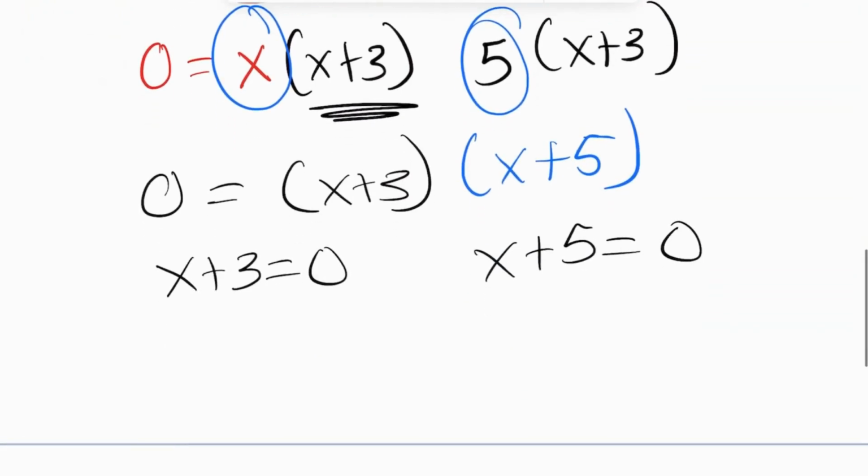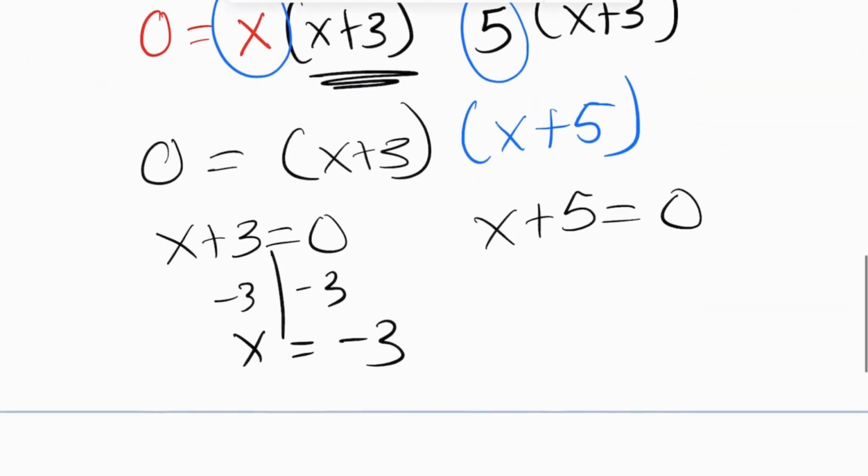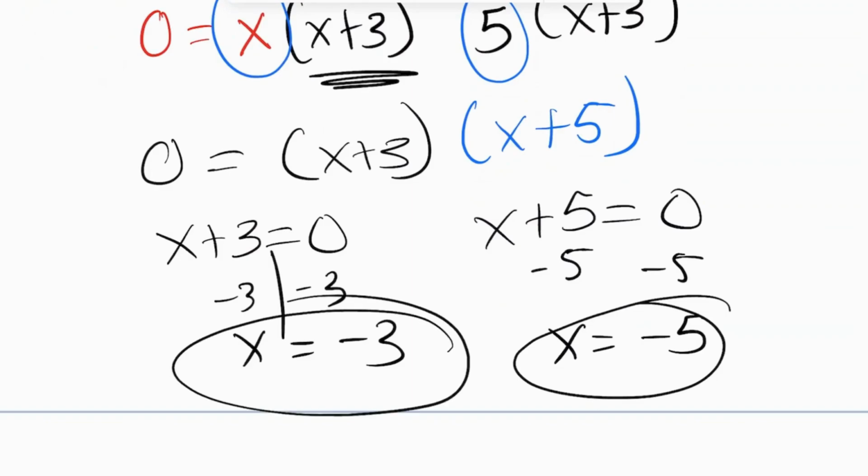We're going to subtract 3 from both sides, and we get x equals negative 3. And then we're going to subtract 5 from both sides, and x equals negative 5. So our solutions are going to be negative 3 and negative 5.